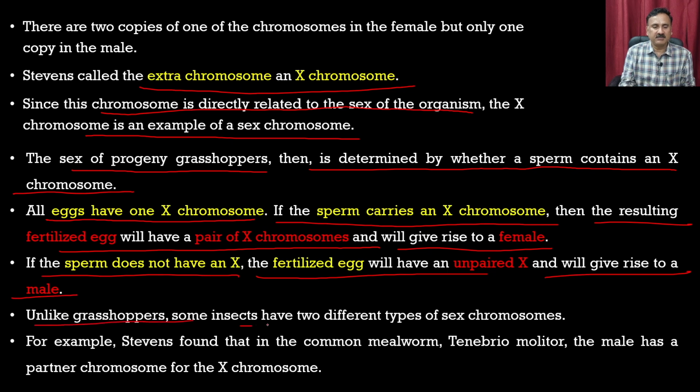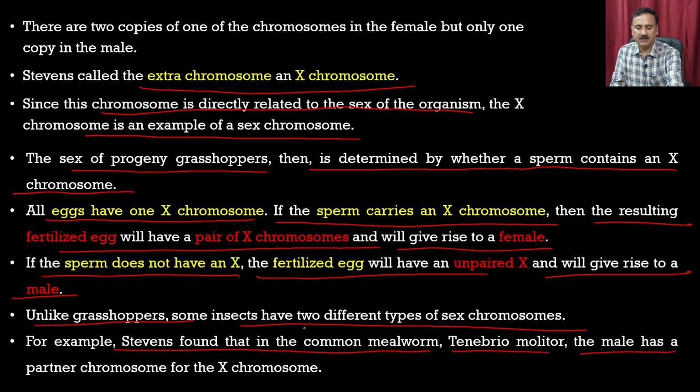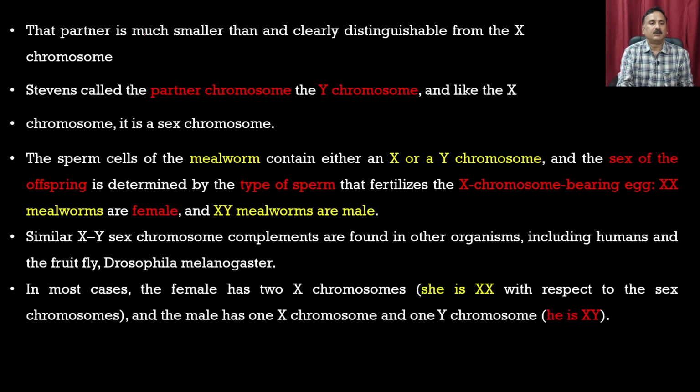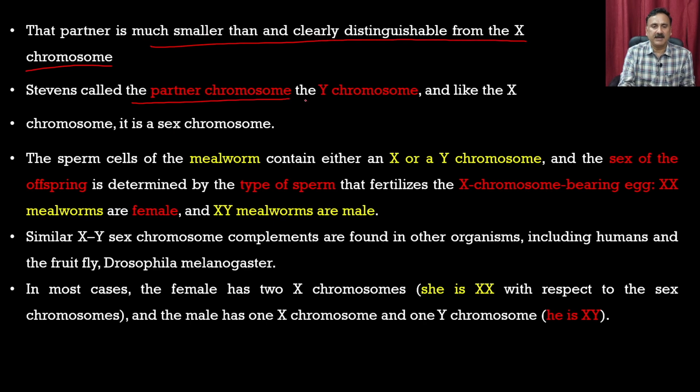Unlike grasshoppers, some insects have two different types of sex chromosomes. For example, Stevens found that in common mealworms like Tenebrio molitor, the male has a partner chromosome for the X chromosome. That partner is much smaller than the clearly distinguishable X chromosome, and Stevens called the partner chromosome the Y chromosome, and like the X chromosome, it is a sex chromosome.